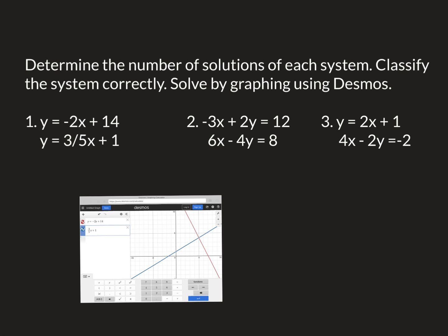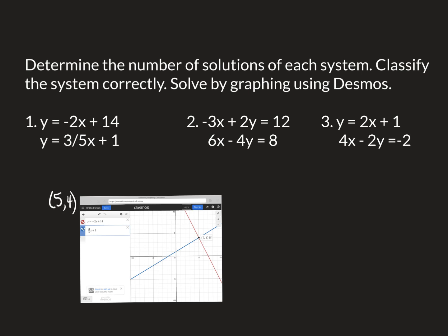That one solution, let me click on the screen, looks like (5, 4). That is the solution, (5, 4). That answers all the questions for the first one.